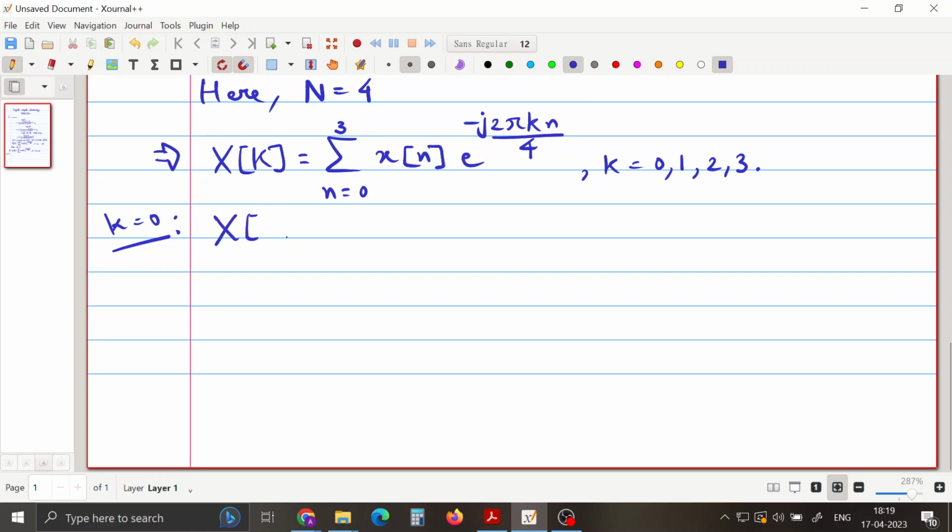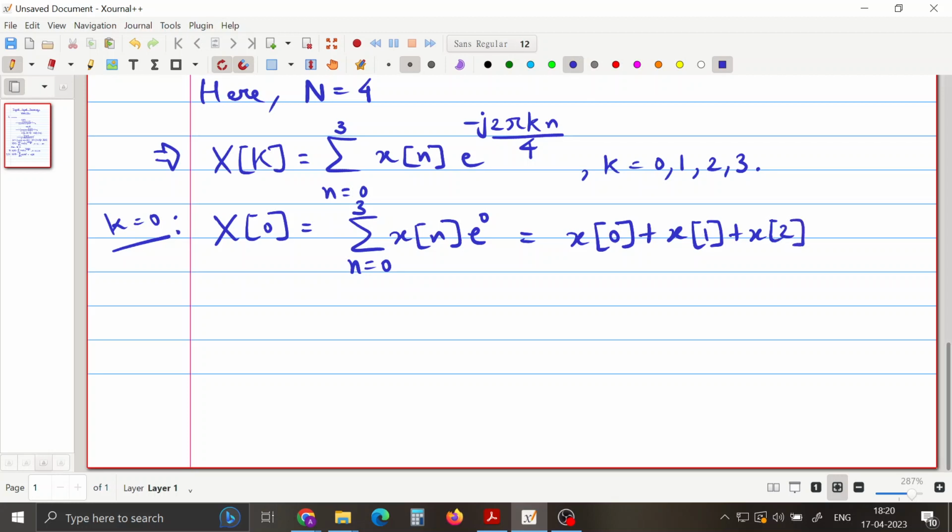Cap X of 0 equals summation running from 0 to 3 of x of n, and this term will be e power 0, right, because k is 0 here. So e power 0 is again 1, so it doesn't really matter. So this will be basically x of 0 plus x of 1 plus x of 2 plus x of 3, right?